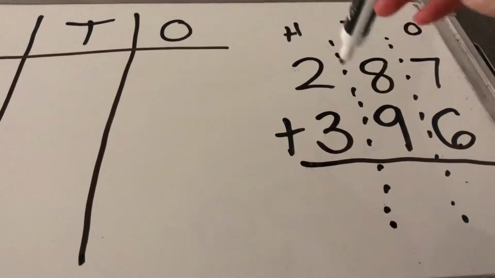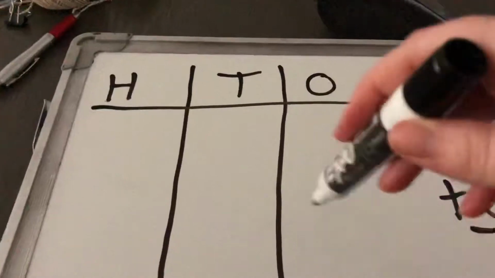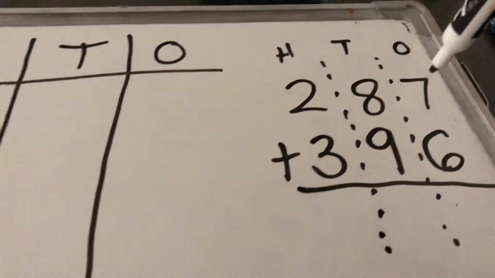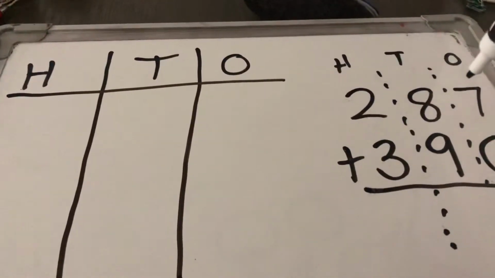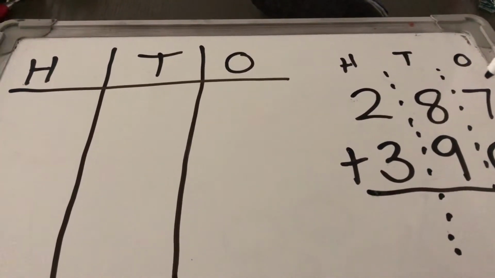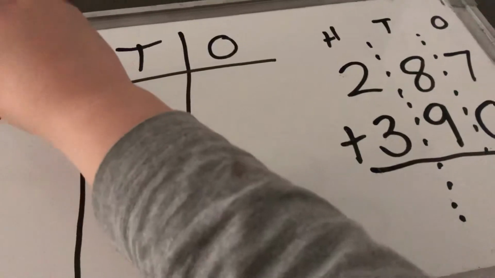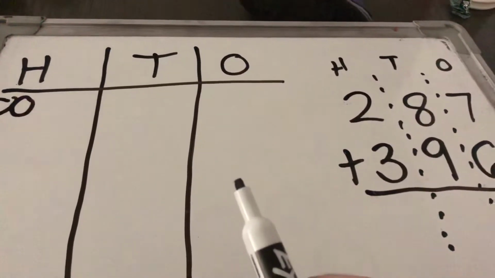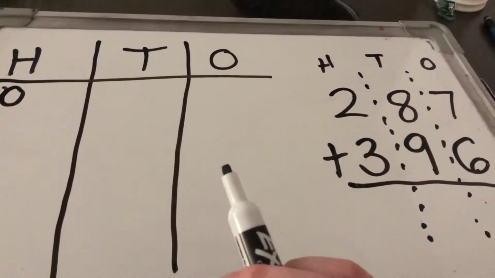we're going to put this problem into our place value chart. So 287. If our number is 287, how many hundreds do we have? Right, we have 2. So I'm going to put 1, 2. How many tens? We're still working with 287.